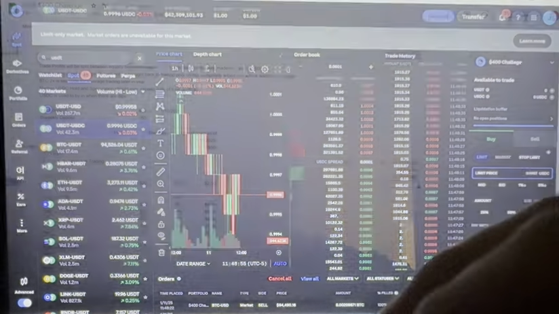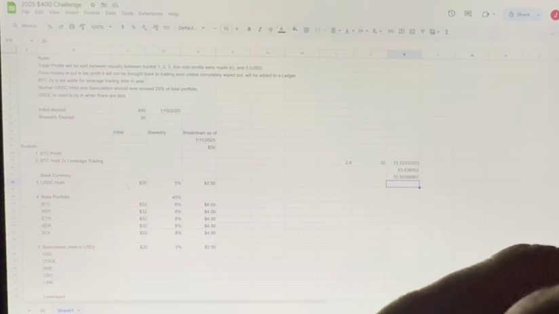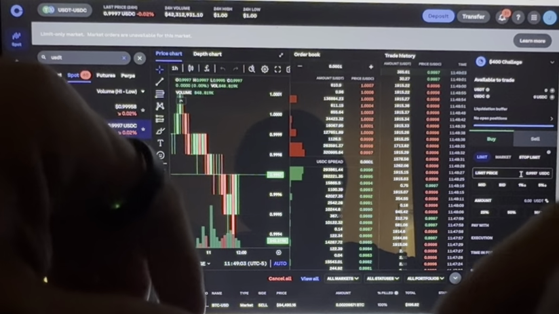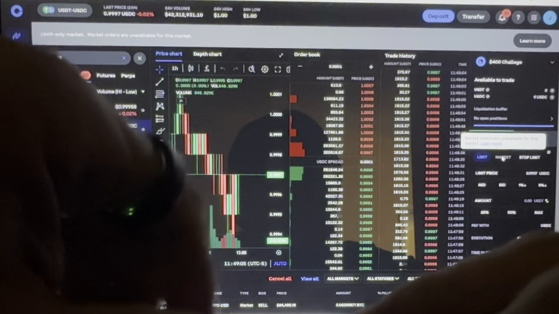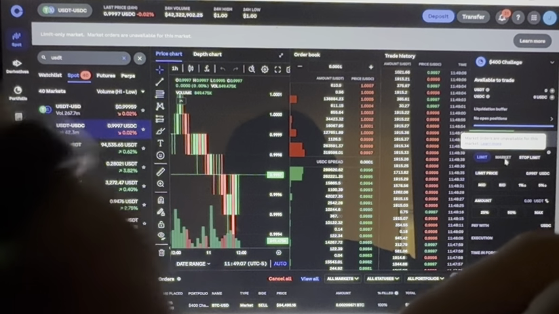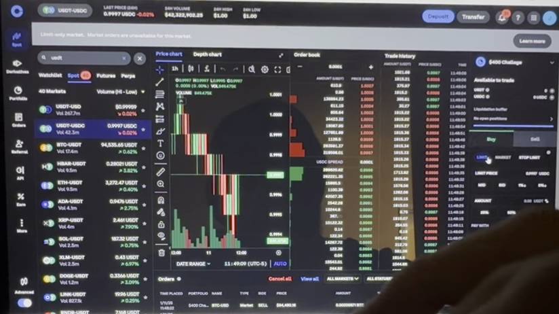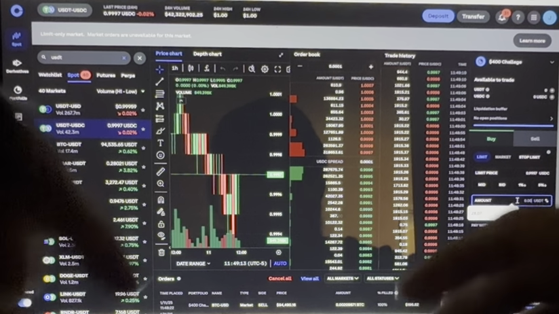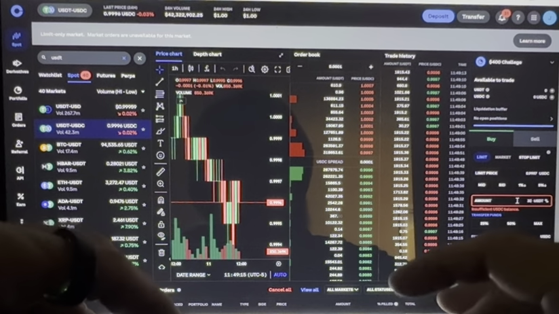So how much USDC are we supposed to have? USDC, $2.50. Let's go in here. We're going to buy at market. Okay, we're gonna buy, let's do $3. Oops.